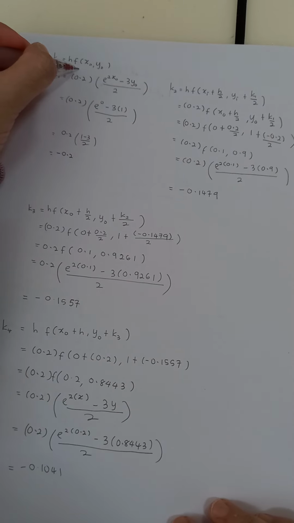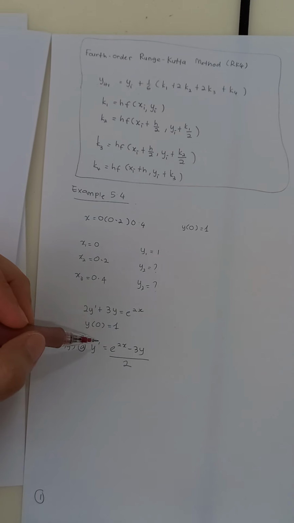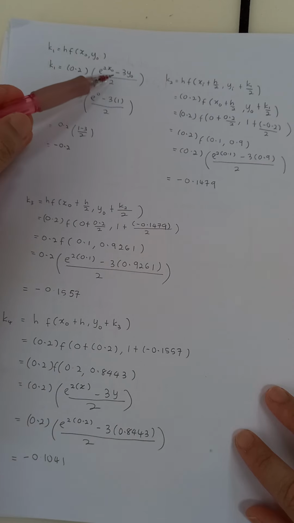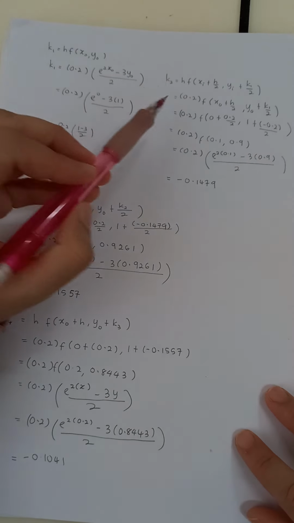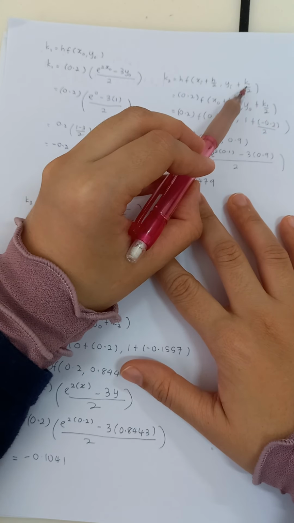We use that formula I mentioned earlier, y prime or f of x, y. So when x0 is 0, 0 times 2 gives 0, right? y0 is 1. So settle this one. h we know, the question gave 0.2. So settle K1. After we know K1, then we can solve K2.